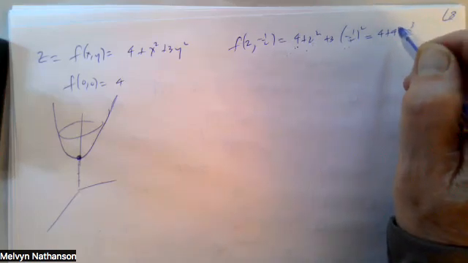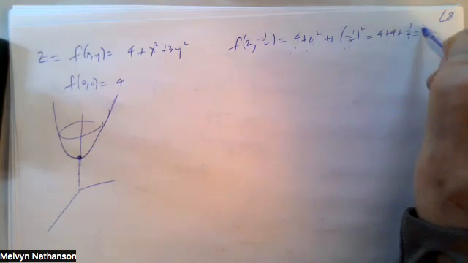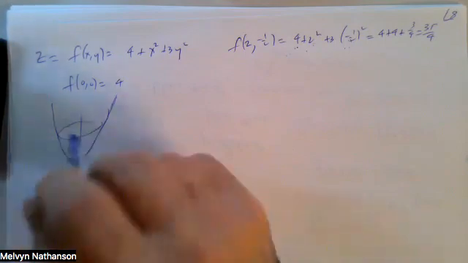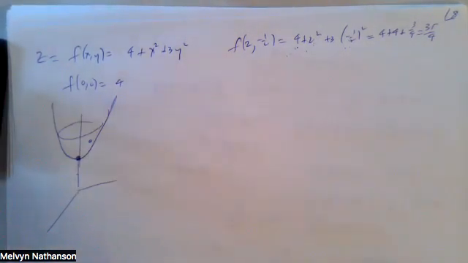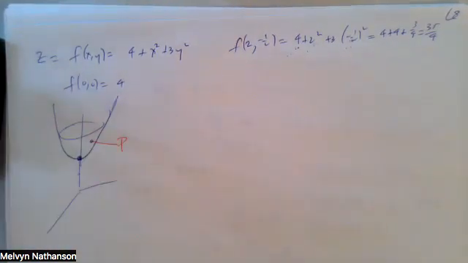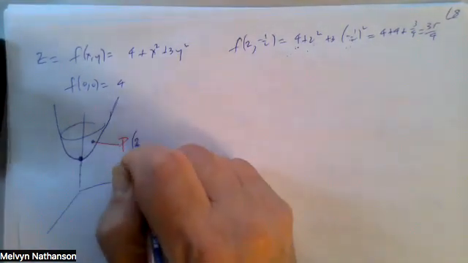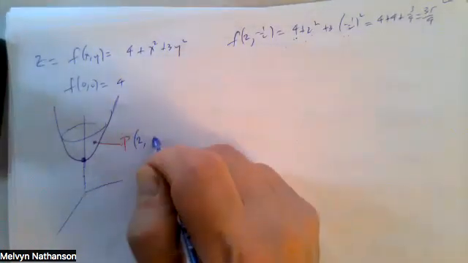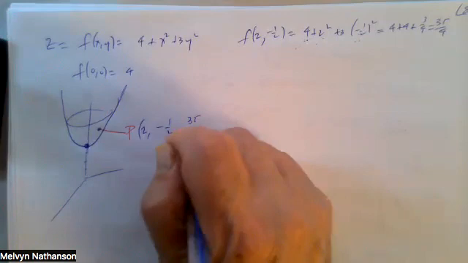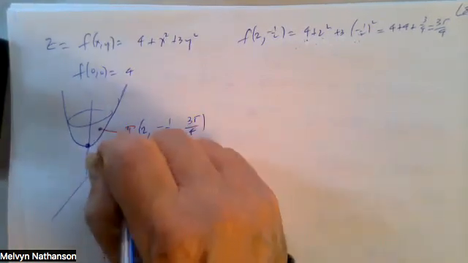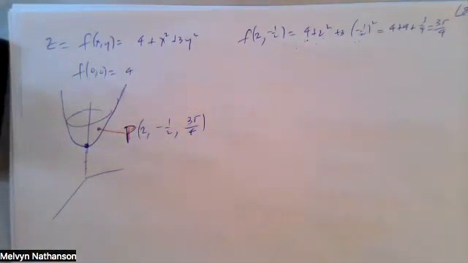This is 8, which is 32 over 4, plus 3 is 35 over 4. So on the paraboloid, there is a point P whose coordinates are x equal 2, y equals minus a half, z is 35 over 4. So that's a point on this paraboloid.